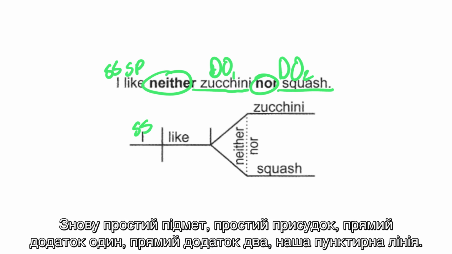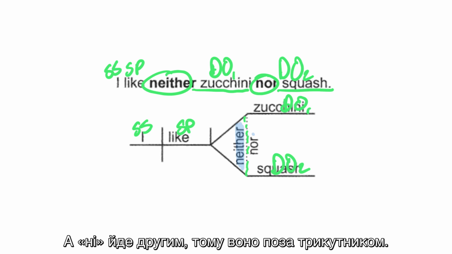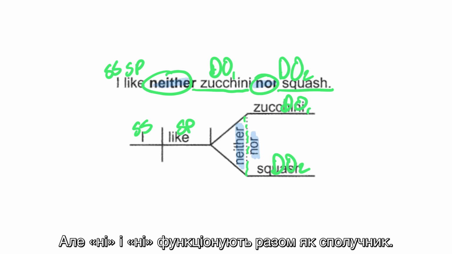Again, simple subject, simple predicate, direct object 1, direct object 2, our dotted line. Neither appears first, so that word is put inside the little triangle here, and nor comes second, so it's outside the triangle, but neither and nor function together as the conjunction.